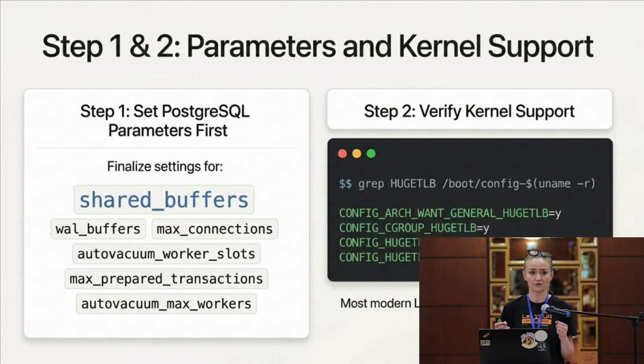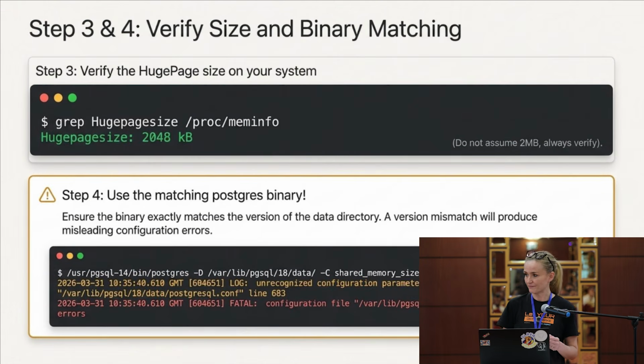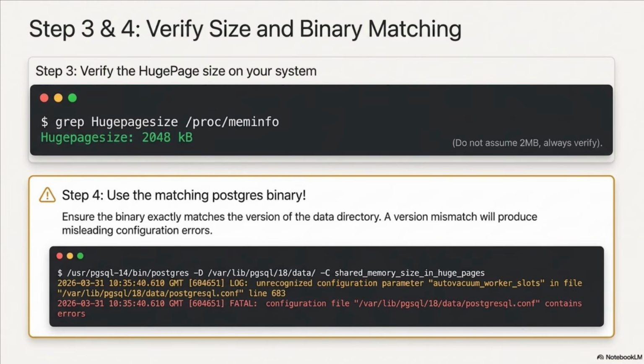You need to have your Postgres binary in the right version. But as opposed to pg_dump, which prints a nice error so you know it's a bad version, this one will print really weird errors, which look like something is wrong with your Postgres configuration file, which is actually not the case. It's just that you are using the wrong binary.